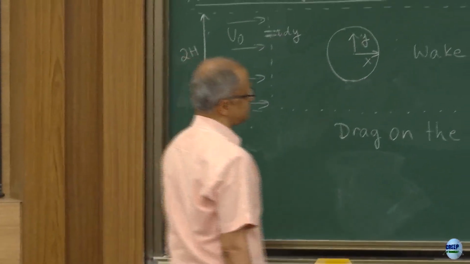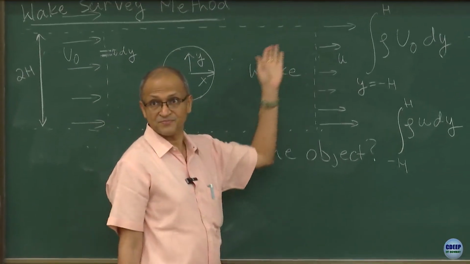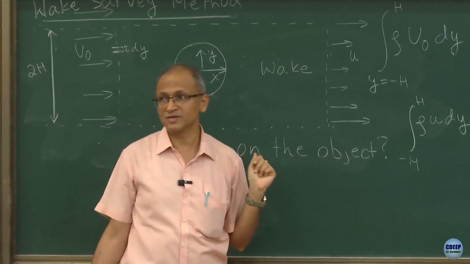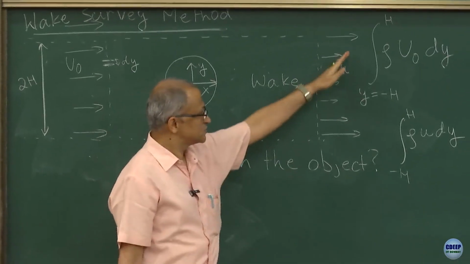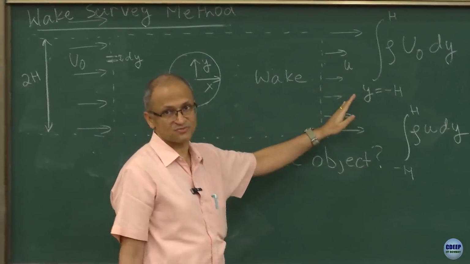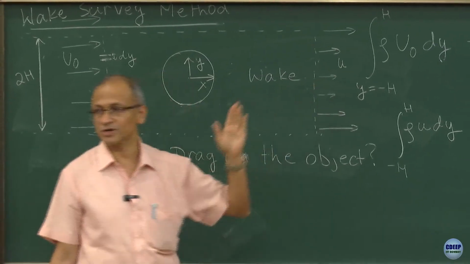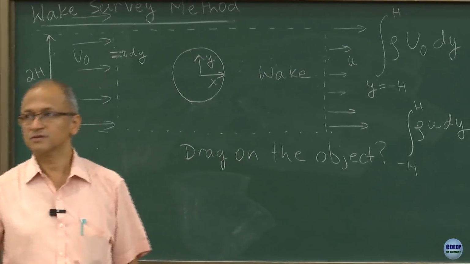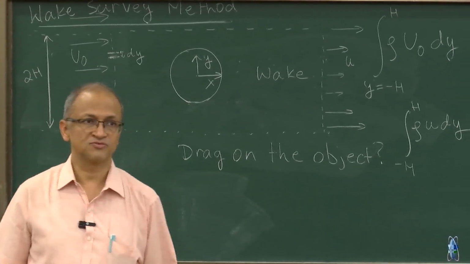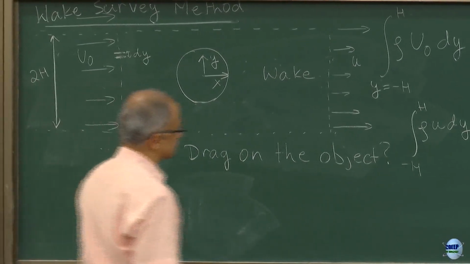Some of the mass has to leave from the sides, and why is that? How do I know that? Because you can see that we already said we are in a wake region. What happens in a wake region? Velocity is less.